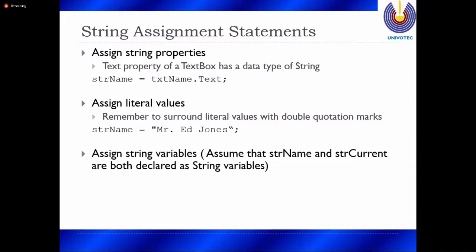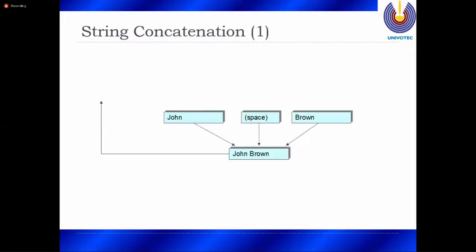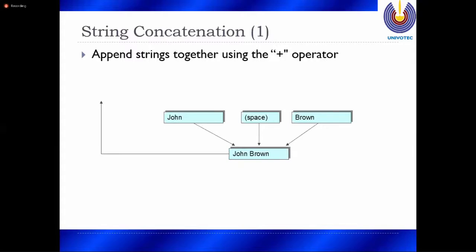As with string variables, assume that strName and strCurrent are both declared. strName equals strCurrent: you can assign another variable of the same string type. Now you can combine two strings using the plus operator.